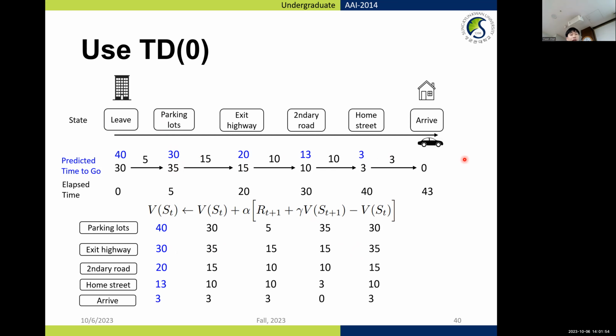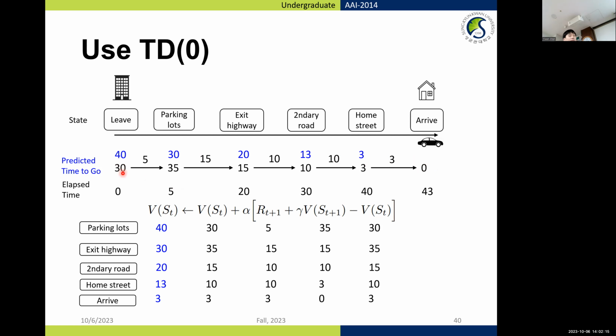And eventually we get a very good estimate. So in this way, each step is updated step by step, right? At the end, all the state values will be updated accordingly.